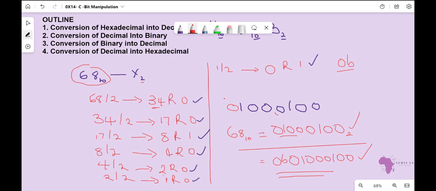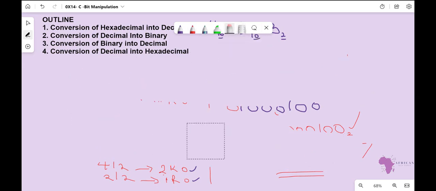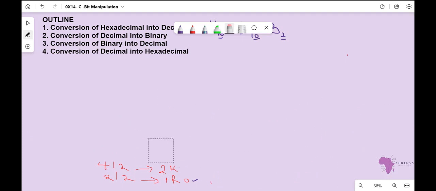Let's get into the third one. That is the conversion of binary into decimal. That is what we want to cover next. So I will use what I was using so that we will see how we get back there. Let me click on it here.